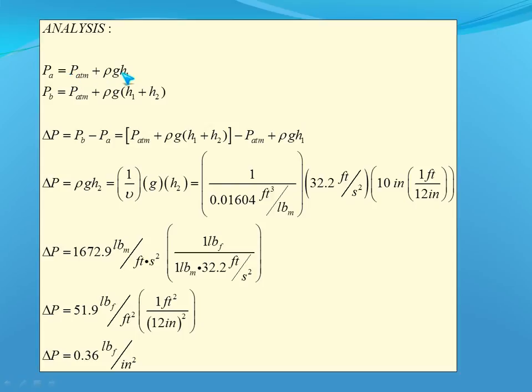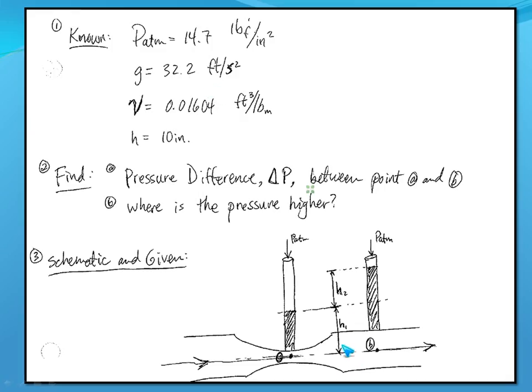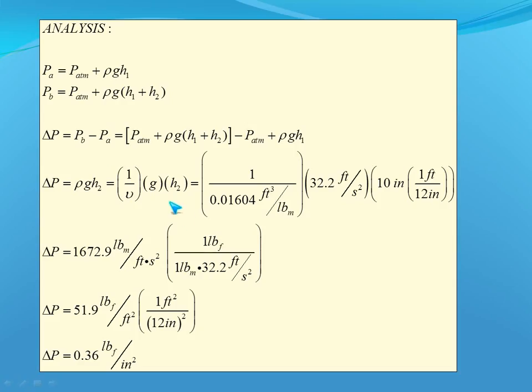So atmospheric pressure plus density times gravity times H1. At location B, we have atmospheric pressure plus density times gravity times the addition of the two heights, right? So H1 plus H2 is the total height of that column, and that's the pressure at location B.